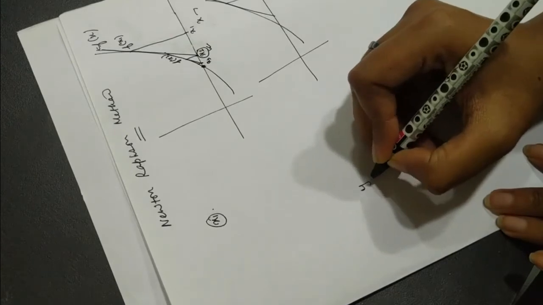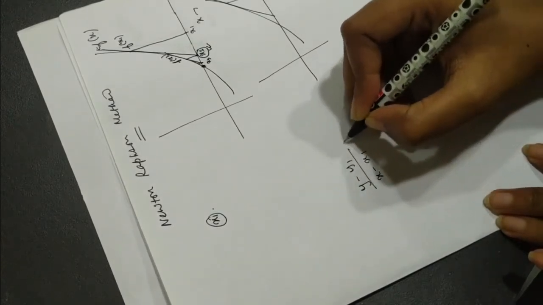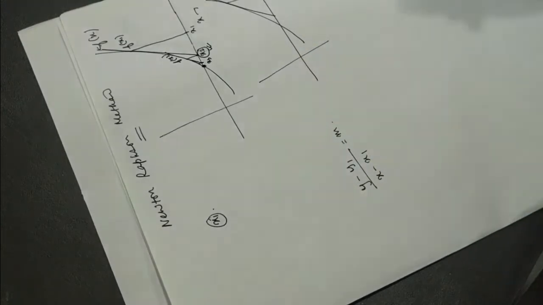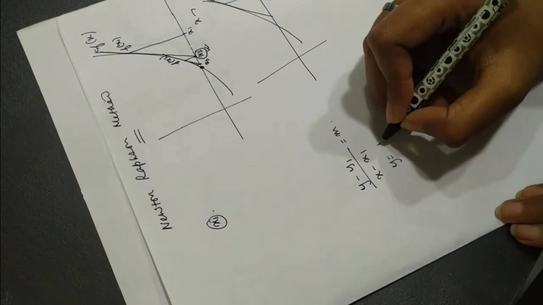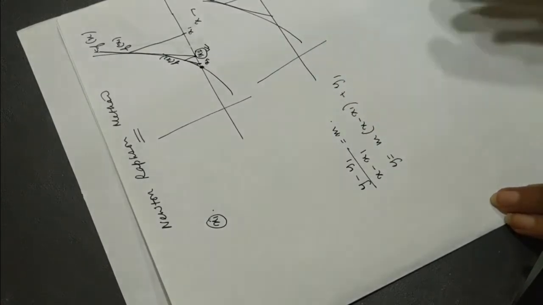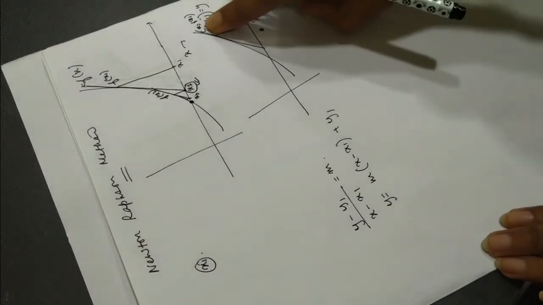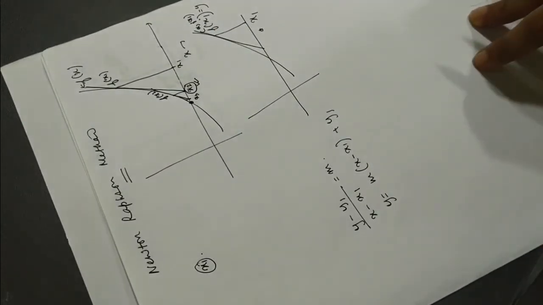It is nothing but (y minus y1) divided by (x minus x1), which is equal to the slope of the tangent, right? So y is equal to m(x minus x1) plus y1. From this figure, we can write the equation of the tangent line like this.